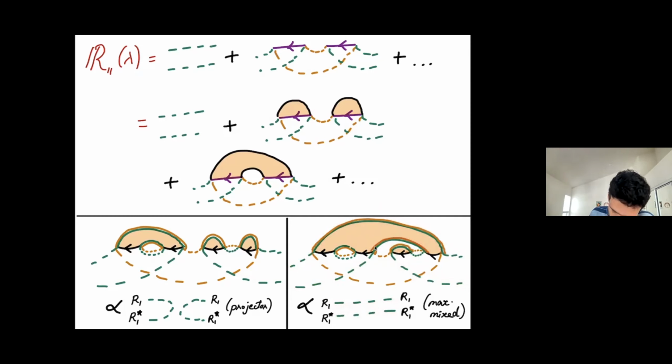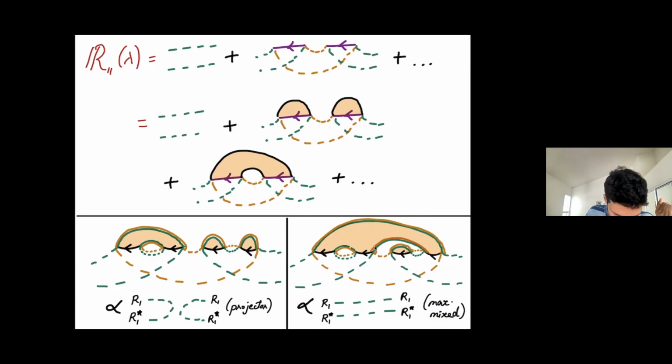This is now a maximally mixed density matrix. So if we look at the density matrix of R1 star, it's maximally mixed. So there's a delta ij between R1 bra and ket, and similarly R1 star bra and ket. So if we were to compute the entropy, this would be a maximally mixed density matrix, which would give the answer log K1.